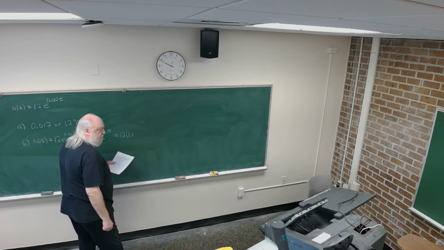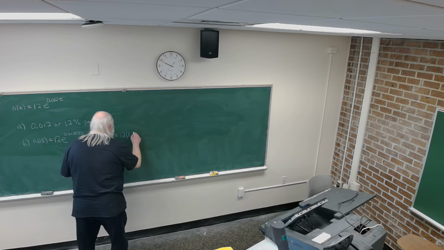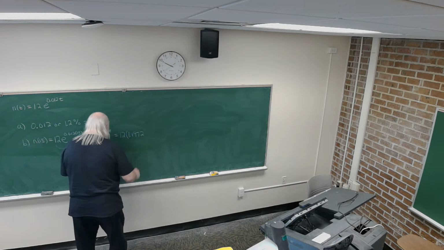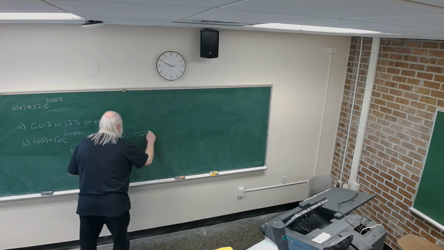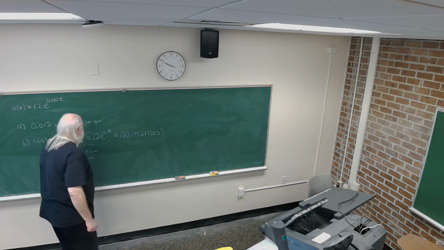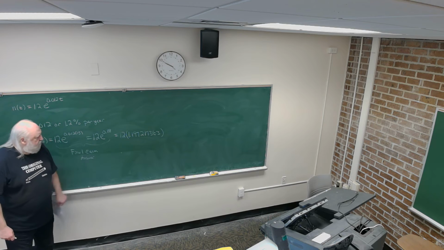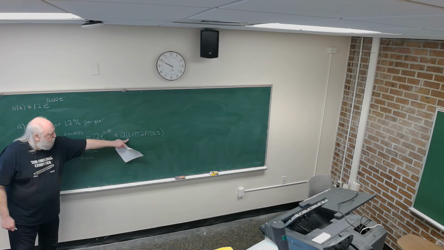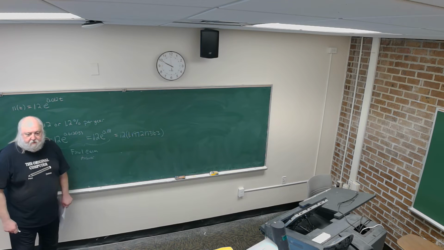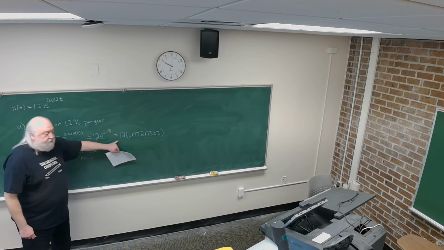You don't have this many digits in your display. When you evaluate e to the 0.18 in your calculator and hit enter, you should get 1.1972 in your display. Now we multiply that number by 12.